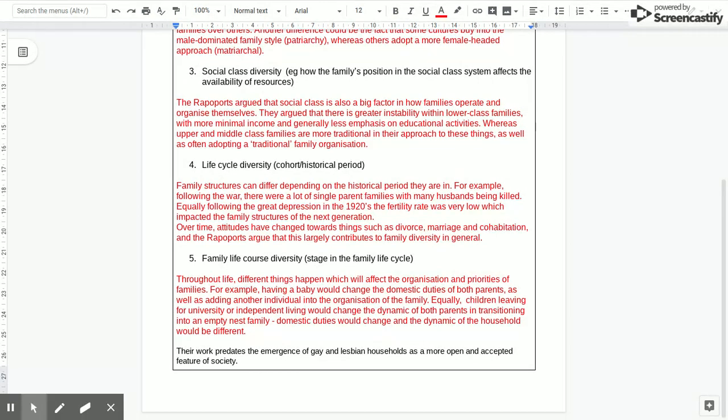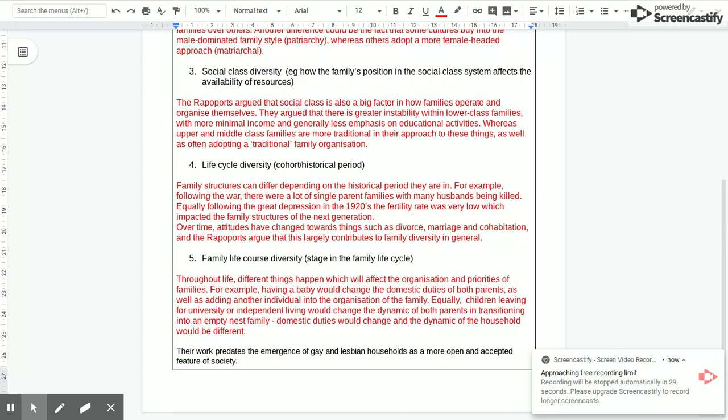Okay, it's probably a huge change for them, and they will have to sort of change their family makeup to try and suit the baby, as it were. Okay, equally, children leaving for university or simply moving out of the house would change the dynamic in a household and ultimately change their domestic duties drastically. Okay, they'd have one less person to think about, and yeah, it would change hugely.